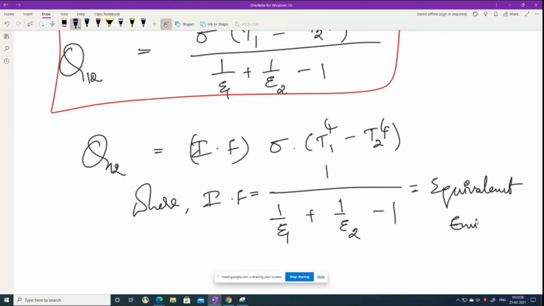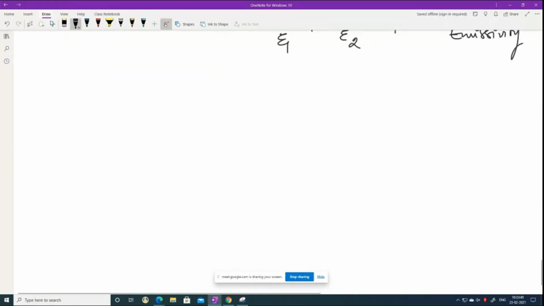This is the other term that we must know. Sometimes this will be given in a question, or sometimes it can be asked in a question. Okay, right. So let me take a simple problem here.